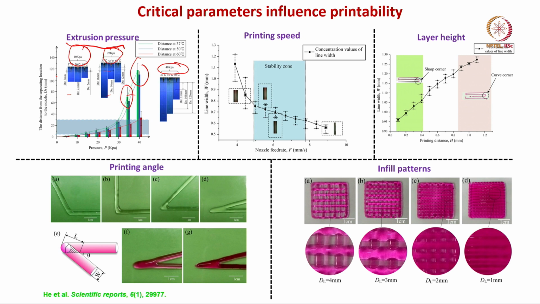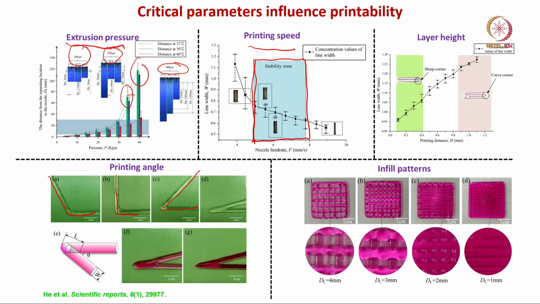Now, in terms of printing angle, if this hydrogel is printed at an oblique angle, perpendicular or vertical, or at an acute angle, how will the hydrogel experience the stress and shear? What is the printing speed? Typically, the stability zone has been shown here: the line width as a function of nozzle feed rate.